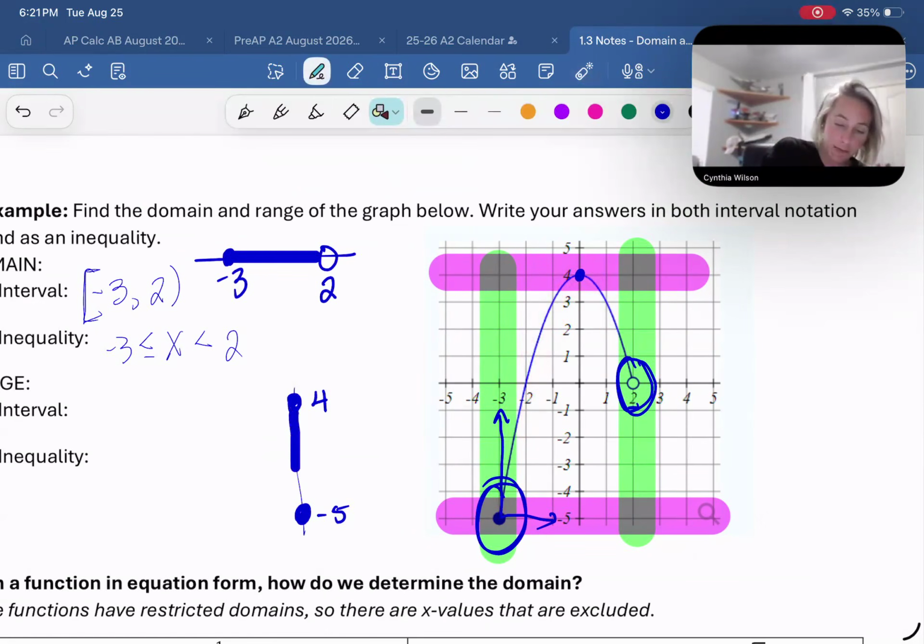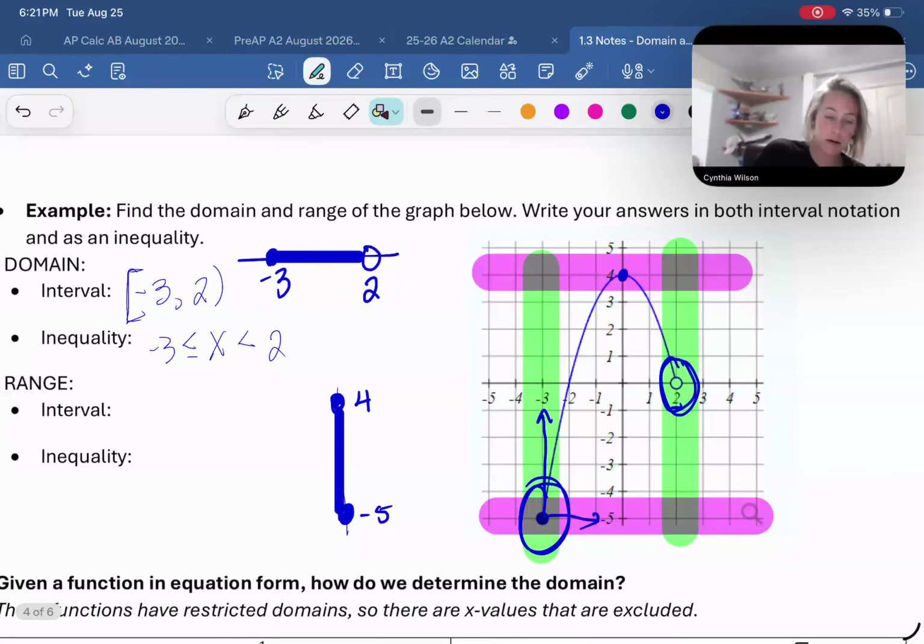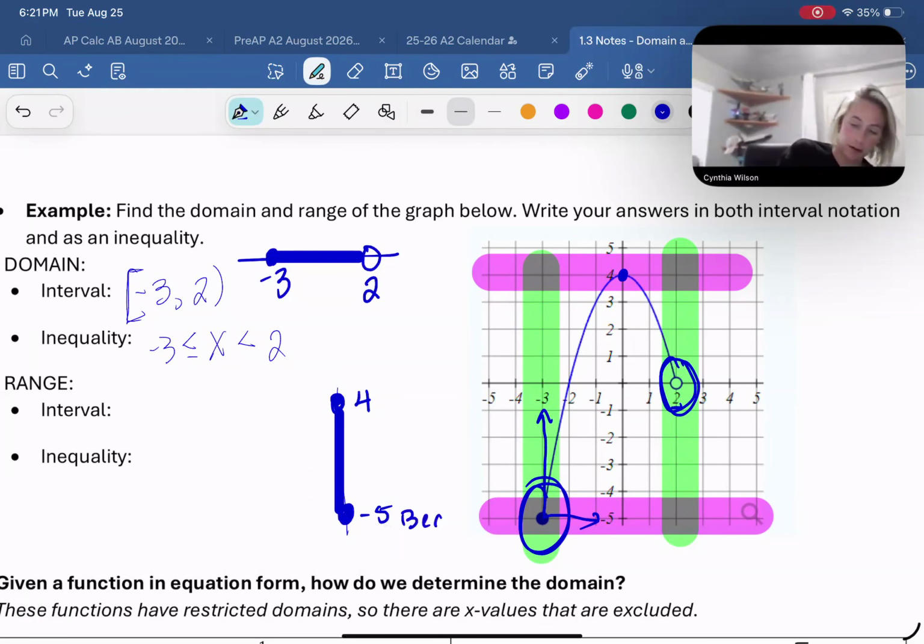So I know that these two have to be connected. So my interval, we begin at -5 and we end at 4.